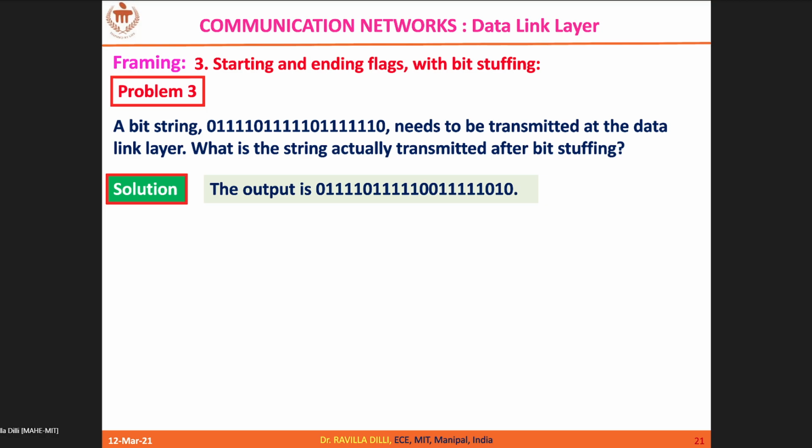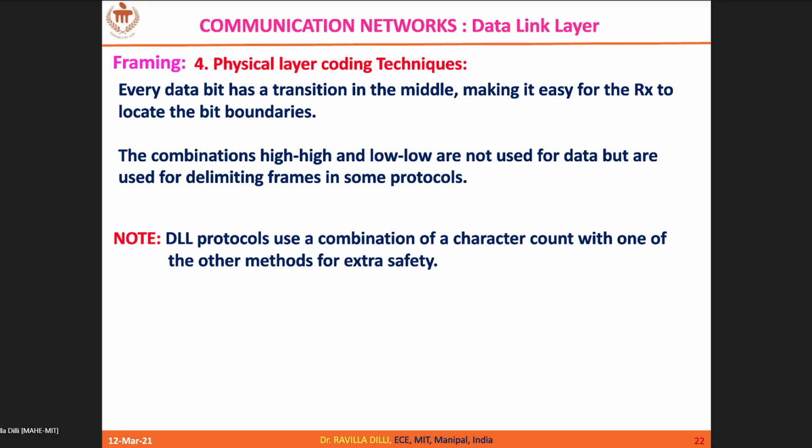For the 5 ones, after continuous 5 ones, you have to stuff the sixth bit as 0. Then the 6 ones again, after 5 ones, you have to stuff the sixth bit as 0. This avoids the flag pattern in the user data.